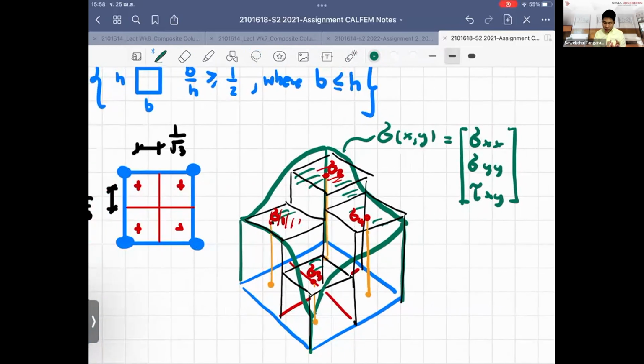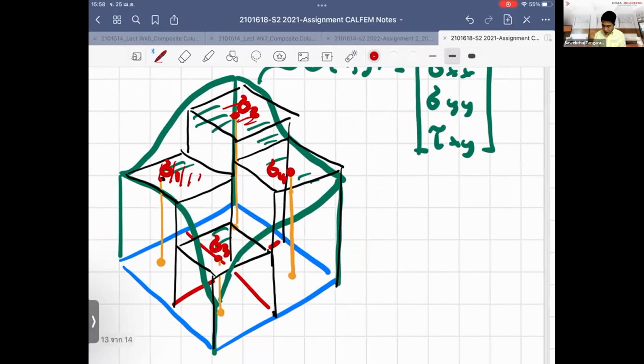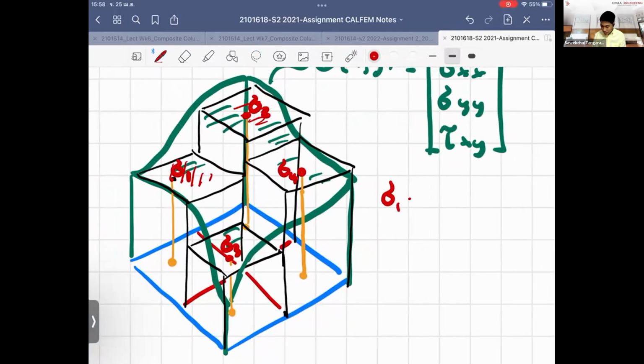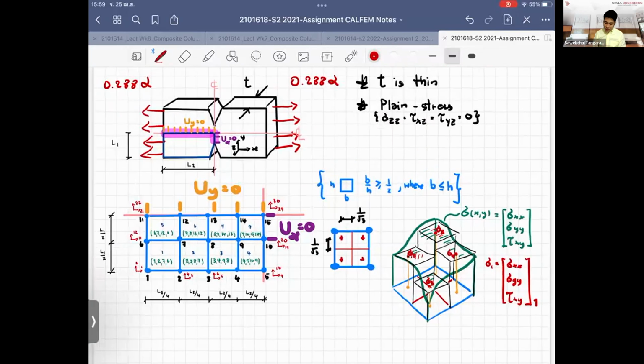And each Gauss point comes with this set of the stress tensor as well. For example, Gauss point number 1 comes with the set of sigma x, sigma y, and tau xy at Gauss point 1, and so on, right? So I'm not going to write them out any more.